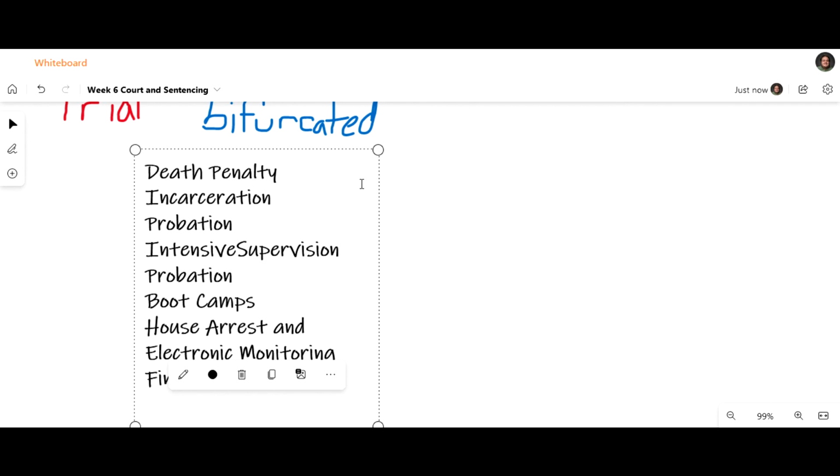We have fines. We have restitution. We have scarlet letter punishments. And we have asset forfeiture.